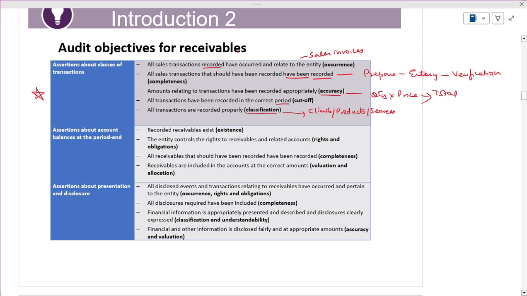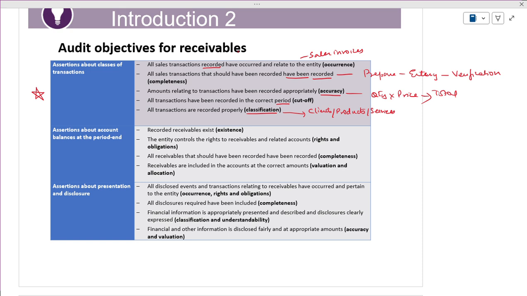Is that we are classifying the things as per the requirements properly? This is what the first 5 assertions are, with respect to classes of transactions. The sales have to have occurred, and the sales have been recorded.